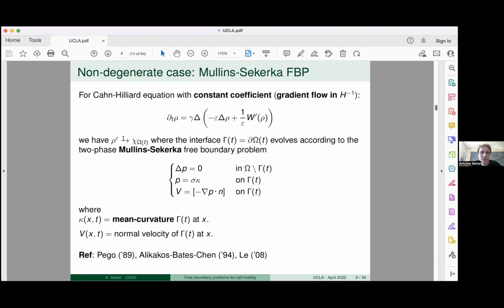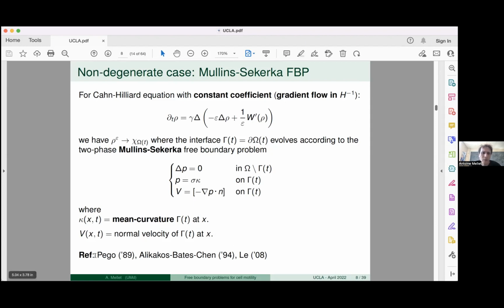When epsilon goes to 0, this converges to this two-phase Mullins-Sekerka type free boundary problem, in which you have a pressure that is harmonic away from the interface separating the two phases, and the pressure is proportional to the mean curvature kappa on the interface, and the velocity is given by the jump of the gradient of the pressure across the interface.